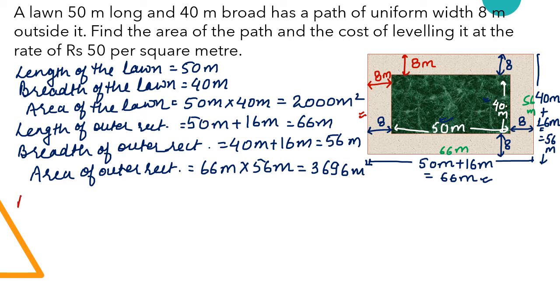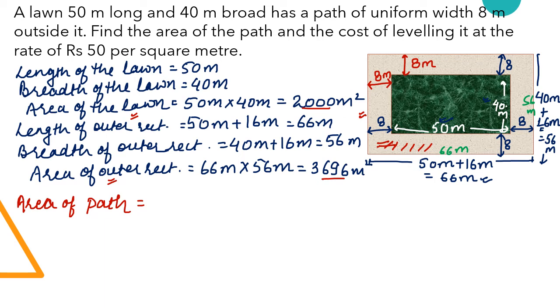Now we have to find out area of path. Area of path will be area of outer rectangle minus area of lawn, because we have to find only this much area, the brown shaded portion. So from the outer rectangle, if we subtract the area of lawn, that will be the area of path.